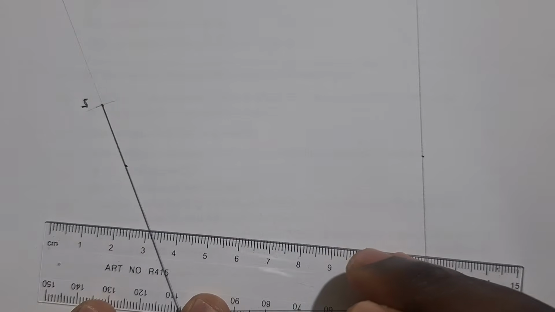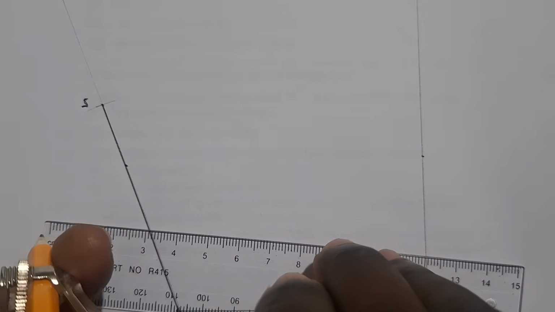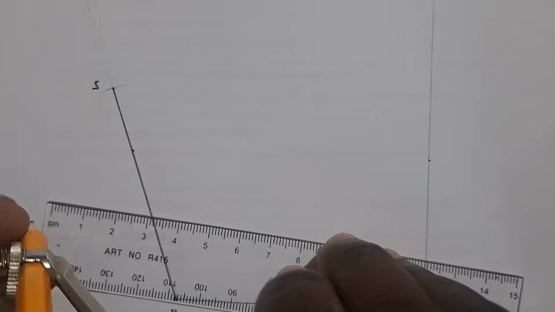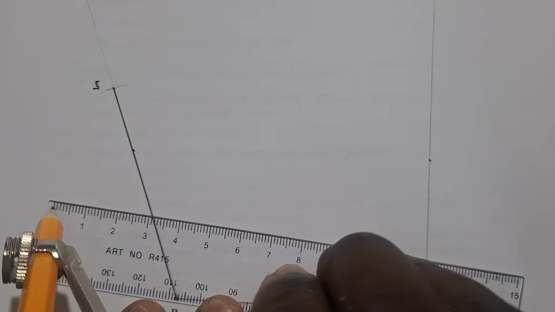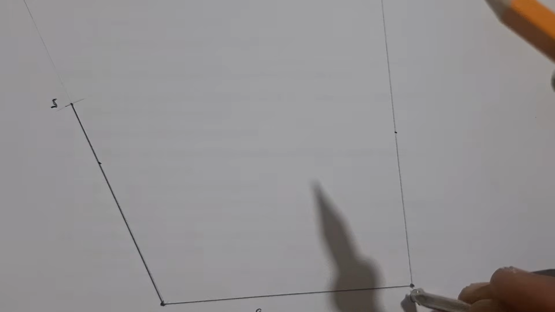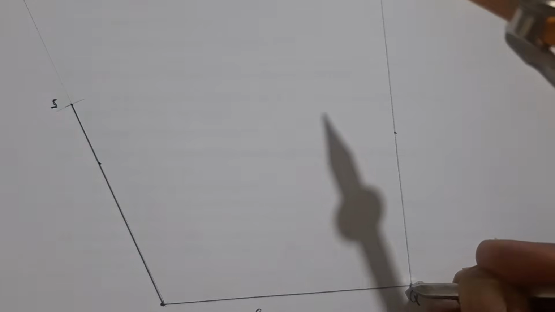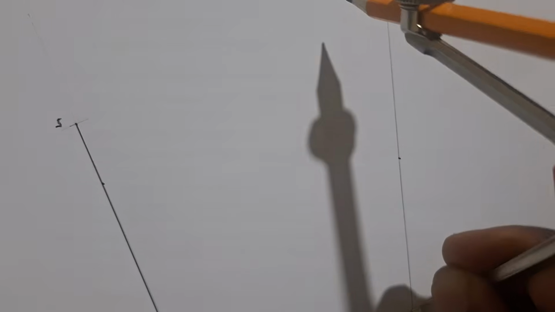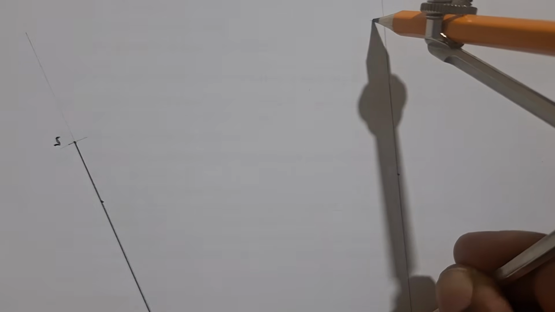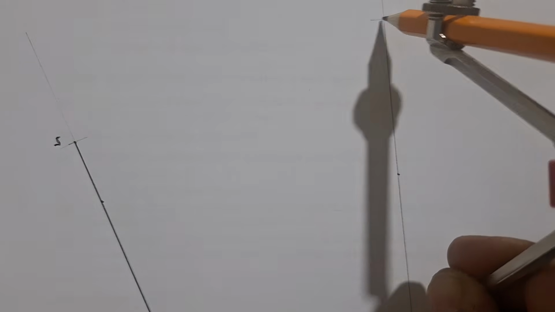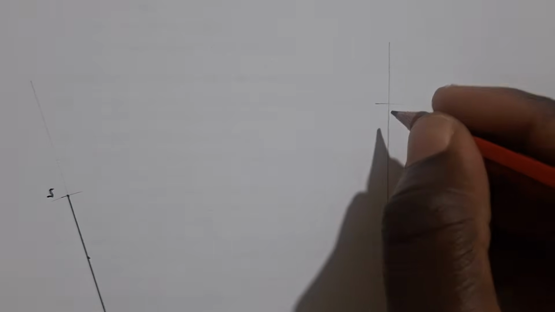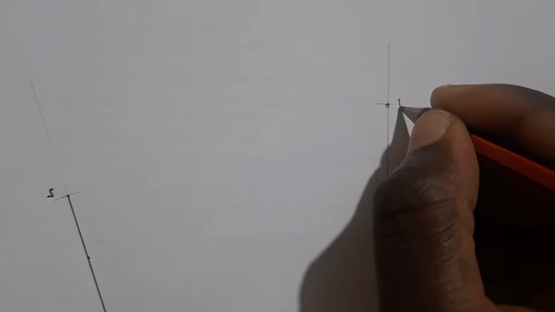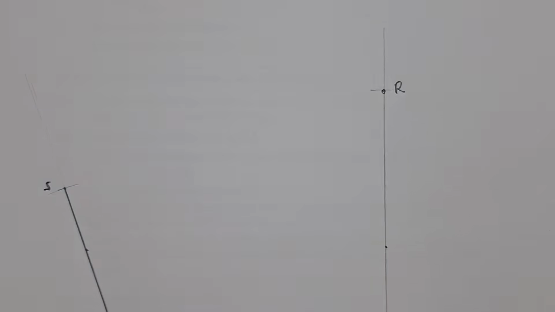Let me make sure that I get the proper measurements. Just a bit here. So make sure the measurements are okay. From 0 to 10, that's 10 centimeters. And then put your compass here at Q. You cut an arc so that you know where R is. It's right here. So my R will be right over here.